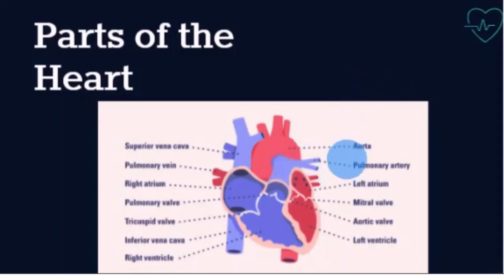After purification, the oxygenated blood is carried through the pulmonary vein, and again the pulmonary vein is the only vein in the body to carry oxygenated blood, because usually veins only carry deoxygenated blood. So this concludes the parts of the heart.